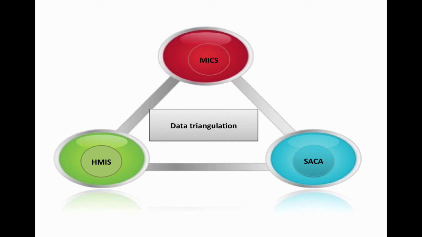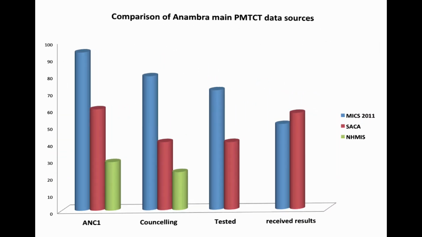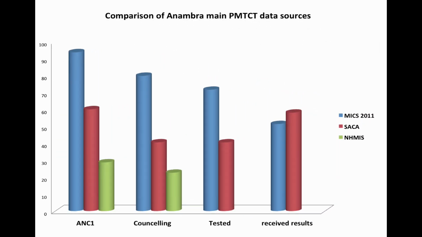This is the State AIDS Control Agency, SACA, data, which is a parallel system we will see further in the presentation. And the MICS, a household survey carried out every 4 years, will provide the main indicators related to PMTCT. Results from this triangulation show that there are many gaps between the data sources.